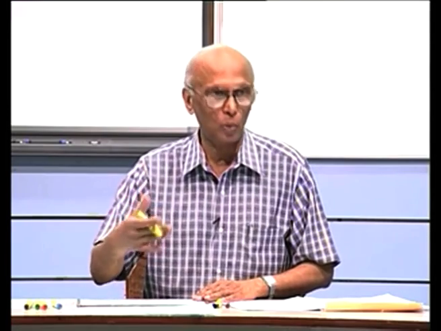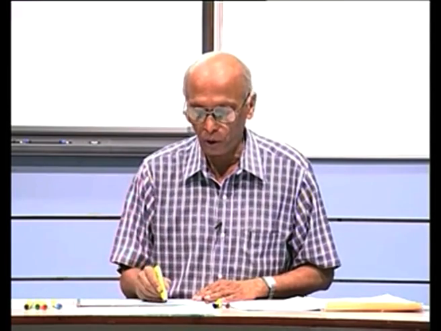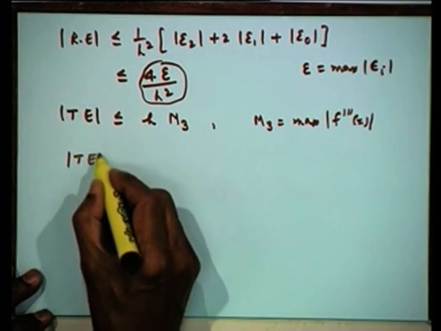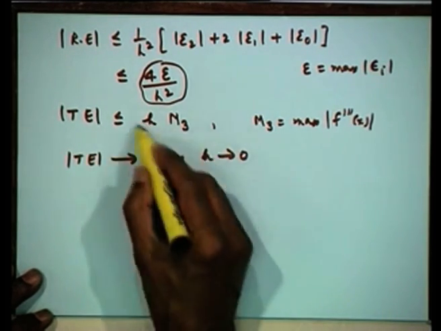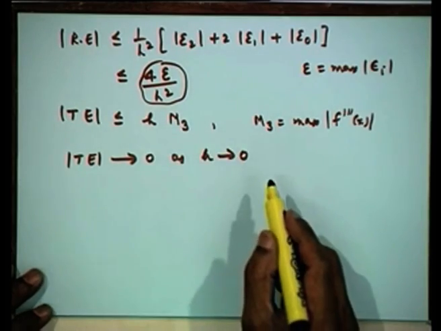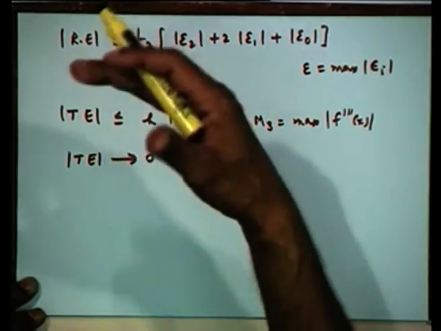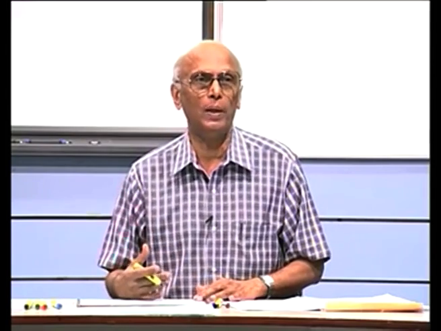That means, as h tends to 0, with smaller and smaller step length for constructing a table, it will be more and more accurate. It is true, because the truncation error always tends to 0 as h tends to 0. Therefore, if you use smaller and smaller step length, yes, we are going to get better accuracy.